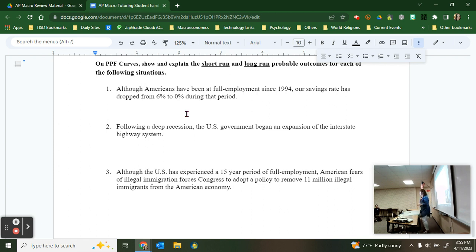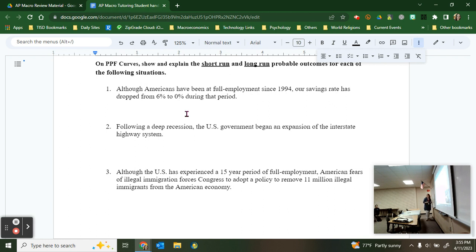But in the long run, if you put people to work and they build infrastructure, we are now more productive because we can get places and work faster. And there's going to be more productivity of workers. We can, I don't know, send pizza ovens to different places. You can just say, in the long run, there's going to be more productivity.